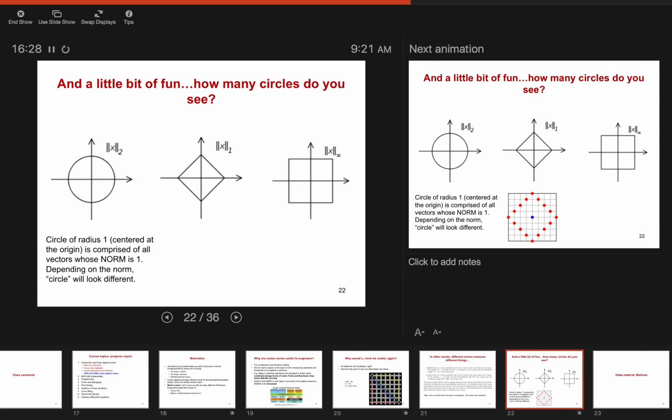Same thing here. The moment I'm here, my maximum coordinate becomes larger than 1 because it's actually 2 or something like that, so I'm out of the circle. So these are how circles look in different norms. Because actually the more encompassing definition of a circle is that when I say square root of x squared plus y squared, it's actually the L2 distance.